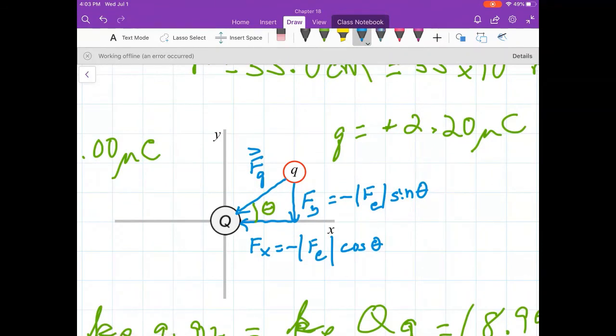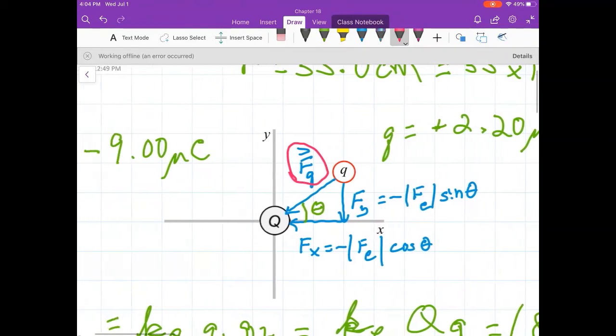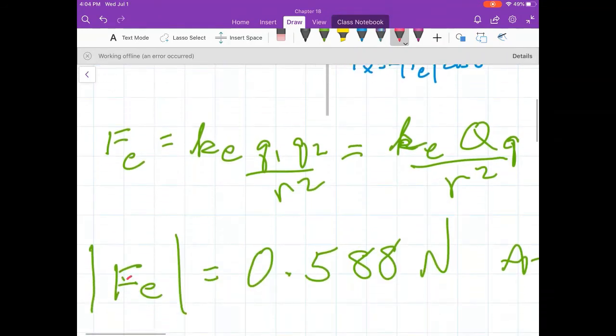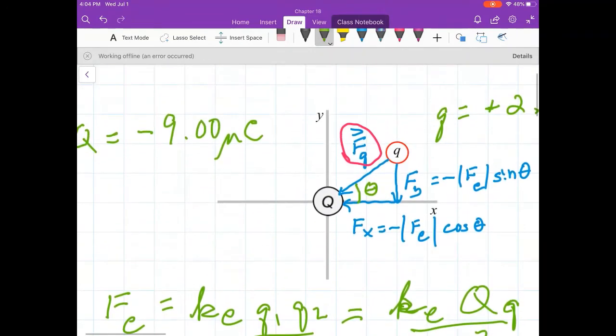What I've drawn there with the arrow, this right here, this F sub Q, this thing, let me highlight in red. Okay, that vector is the force acting on that Q with the red circle. The magnitude of that vector is going to be what we already calculated, Fe right here with a double bar. So we can put that into the equation here.